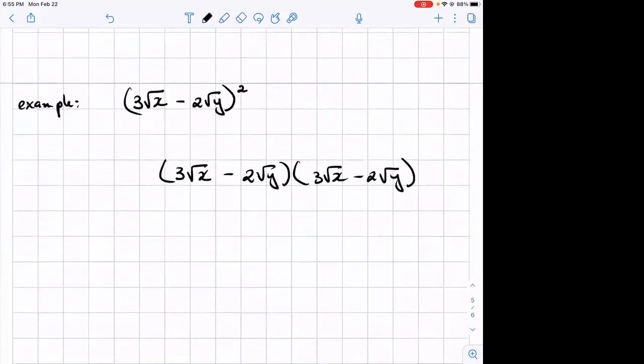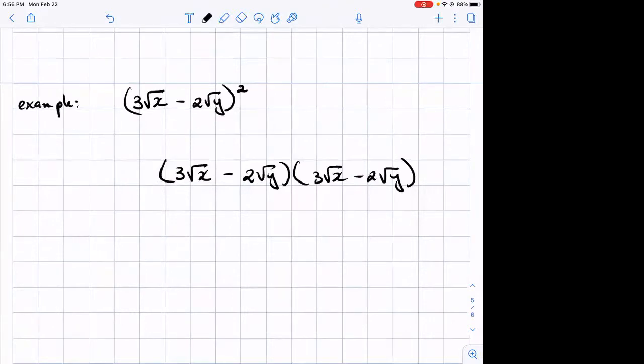And we FOIL it out. Or if you want, you can apply the expansion formula, the first term squared, then 2 times the first and the second term, and then plus the last term squared. So you can do that if you want. Okay. And I'll show you that in a minute.